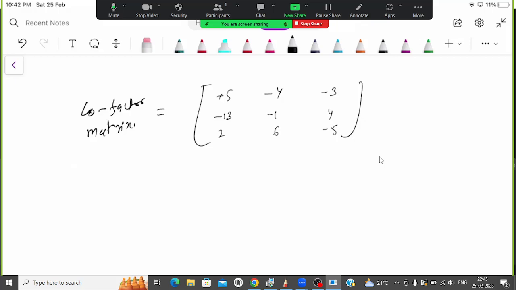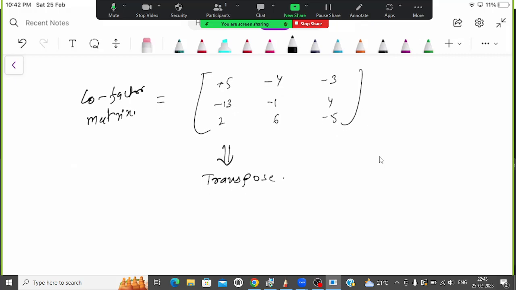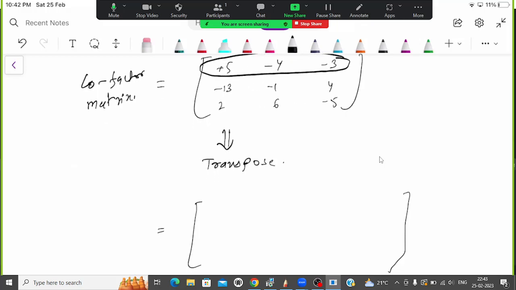Transpose means you convert the row to the column. First row, you convert this first row to the first column, in this way.